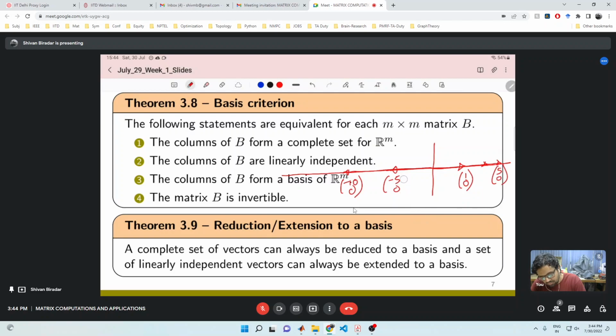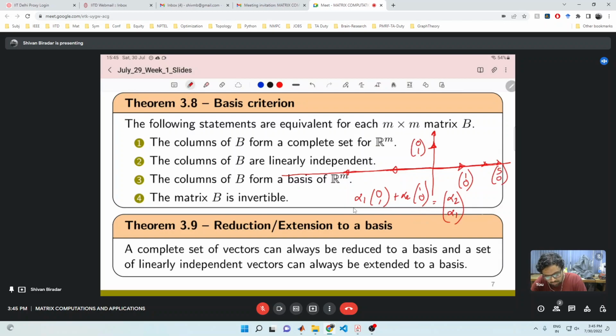Now let us take another vector here, (0, 1). If I take a linear combination of these two, it would mean alpha 1 (0, 1) plus alpha 2 (1, 0). Then this would be (alpha 2, alpha 1).